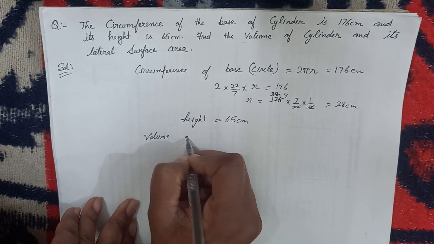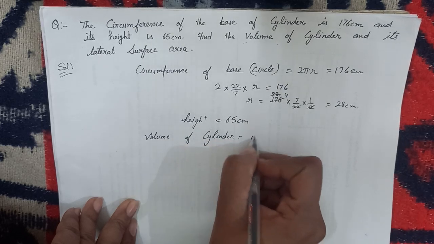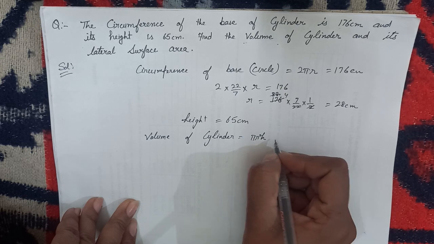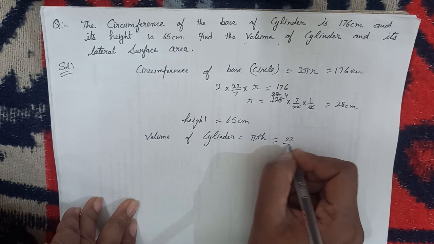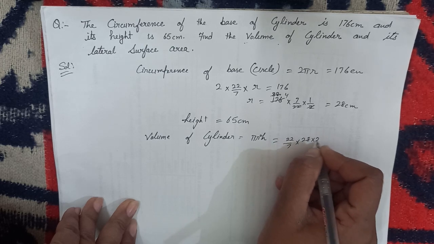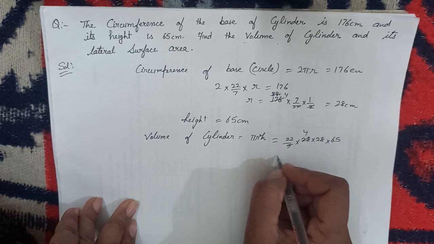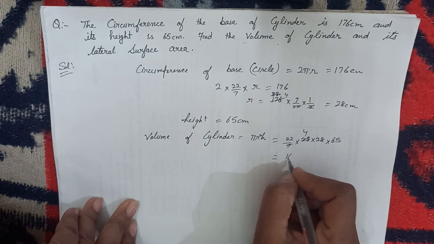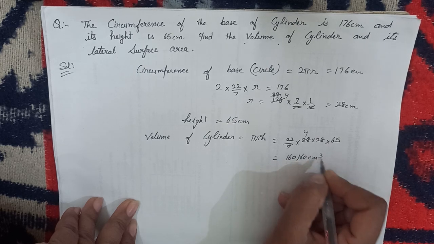So volume of cylinder, that's pi r square h. Now we will fill in the values, that's 22 by 7, 28, 28 into 65. Now when you calculate all these, we will get our answer, 160 centimeters cube.